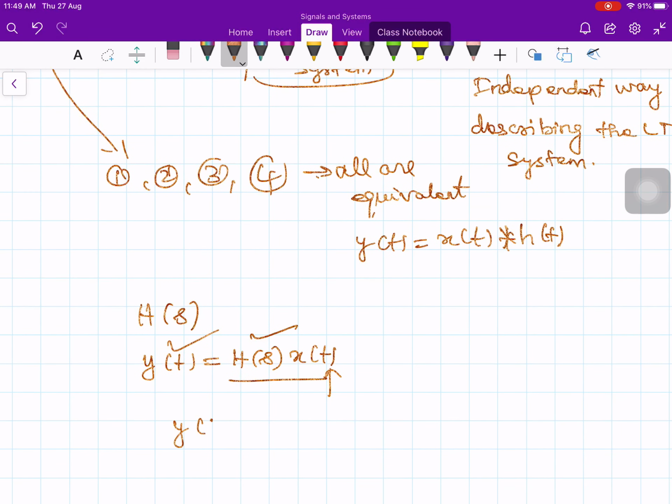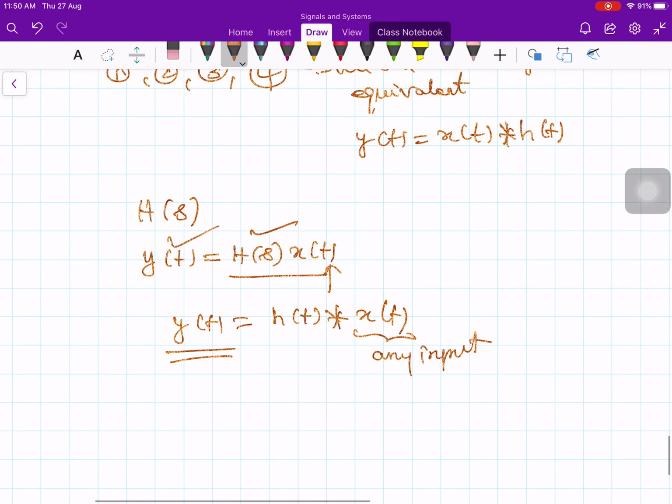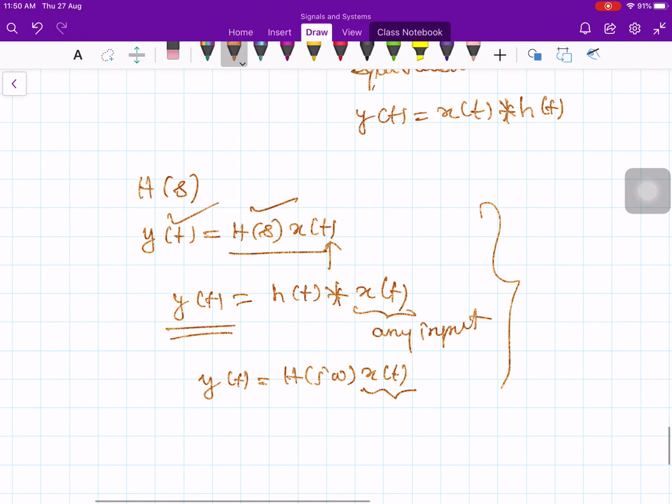Similarly, if you know the system impulse response h of t convolved with x of t, then also you can get the response for any arbitrary input. Similarly, if you know the frequency response h of j omega, then also you can find the response y of t for any input. So these are all independent ways of characterizing a linear system.